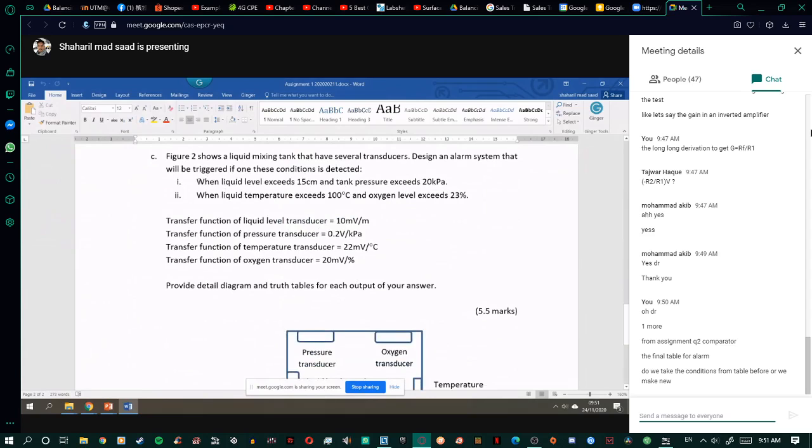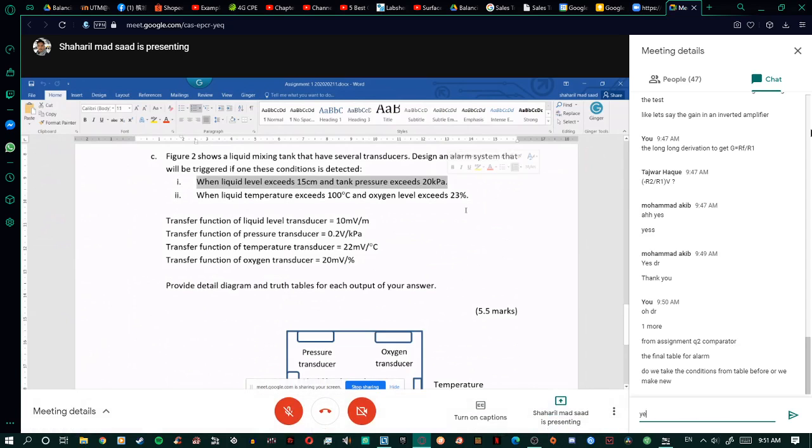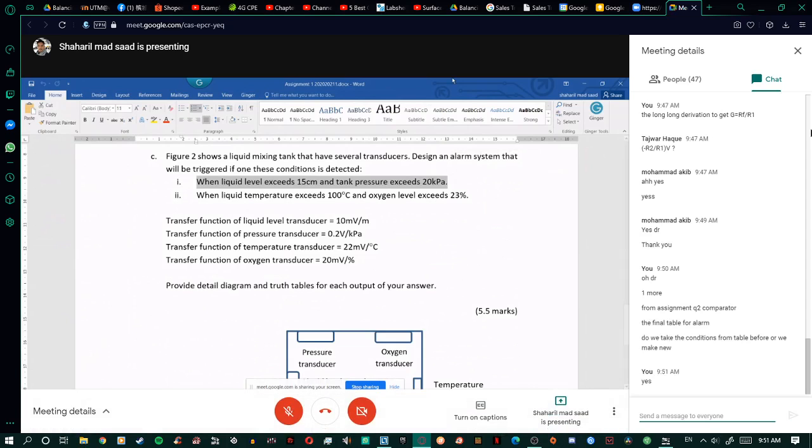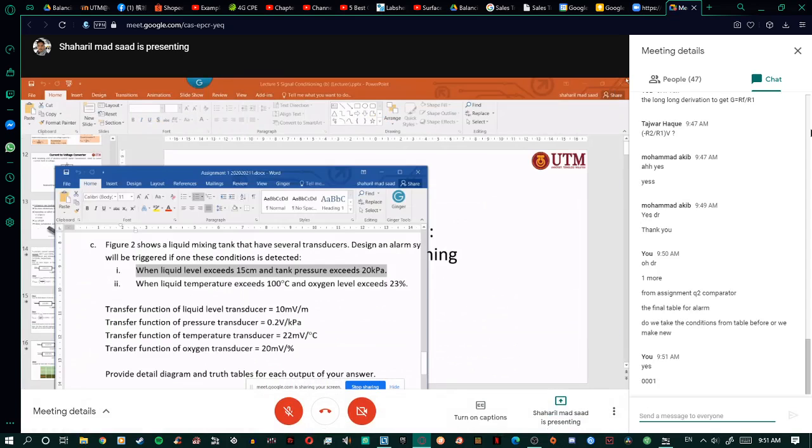Because this one will give you a truth table.